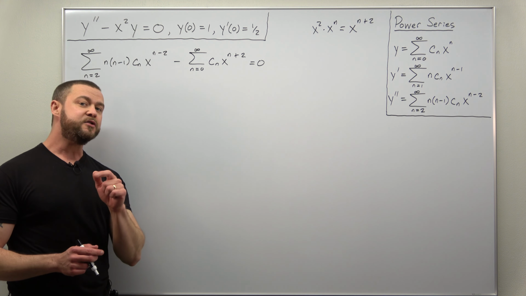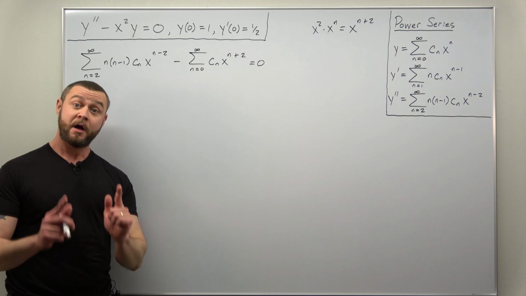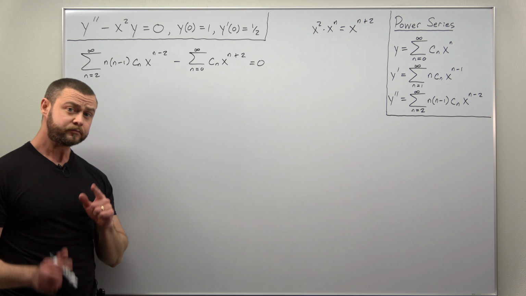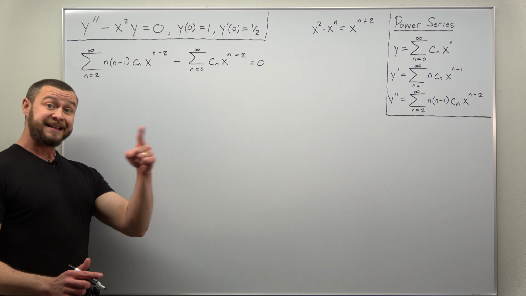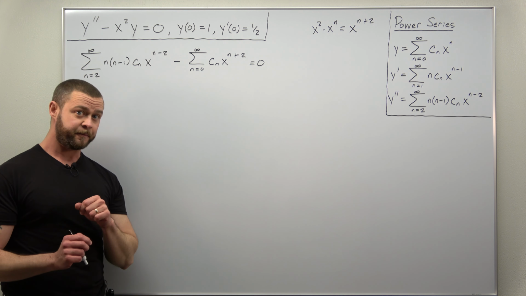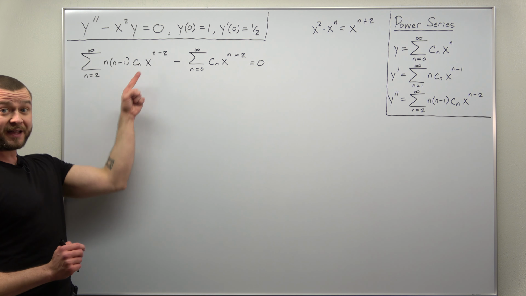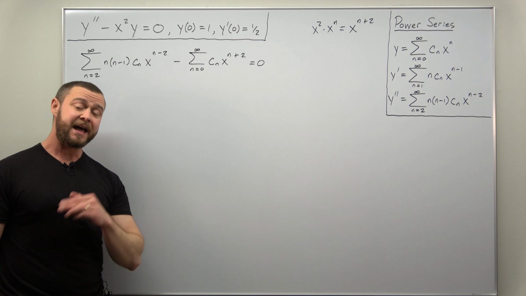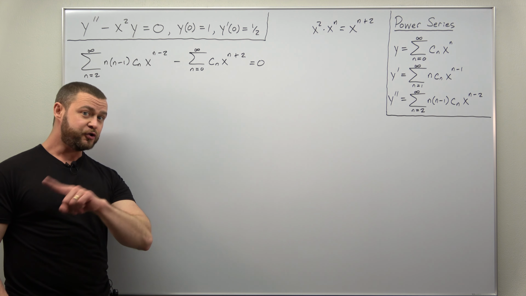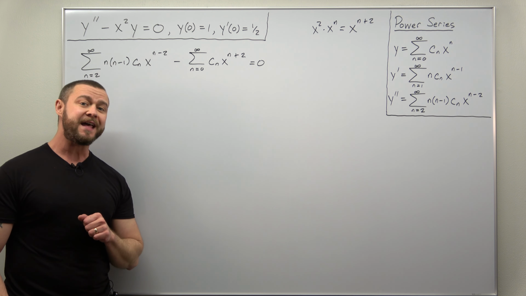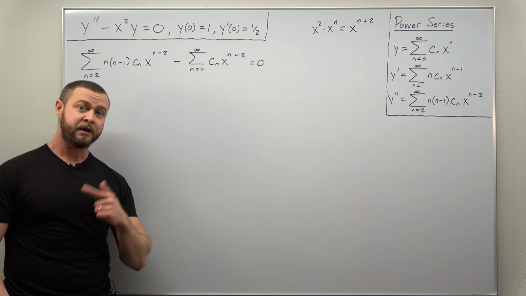This is where we can use the technique or trick of shifting indices. Now we have two options. We could either shift everything to x to the n plus 2, or we could shift everything to have powers of x, x to the n minus 2. Now make sure when you shift that you don't end up with any negative indices.